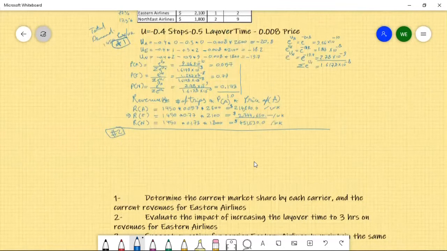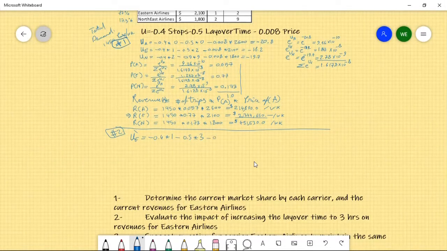So let's go to UE dash. That's the new utility function. It's gonna be minus 0.4 multiply one stop, minus 0.5 multiply 3 minus 0.008 multiply 2100 equals minus 18.7.